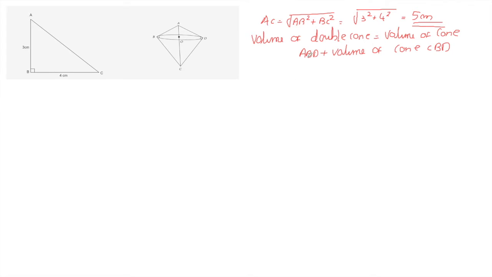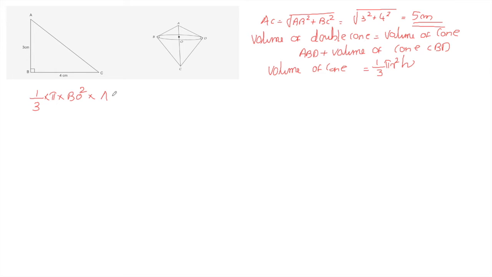So what is the formula for finding the volume of a cone? Volume of cone is equal to 1 by 3 pi r square h. So here 1 by 3 into pi into radius, here BO, BO square, and what is the height?